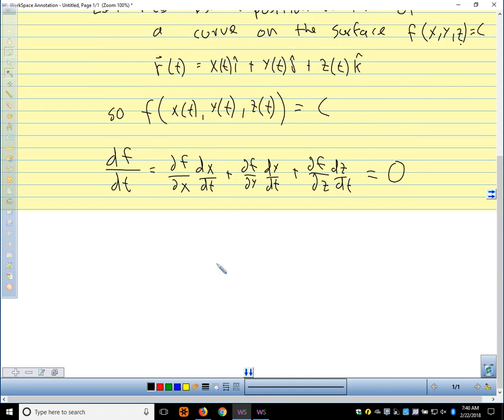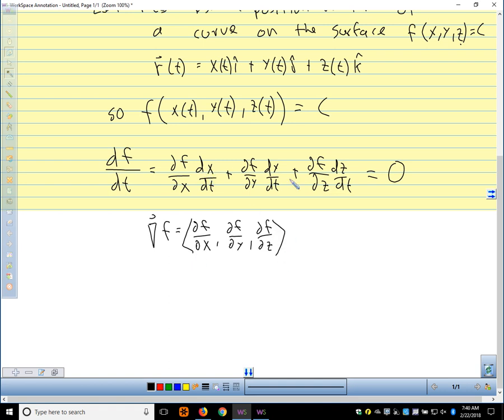It's a dot product, right? Because del f is the vector df dx, df dy, df dz.